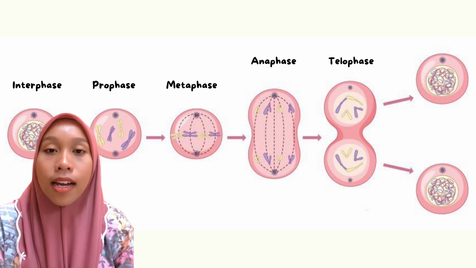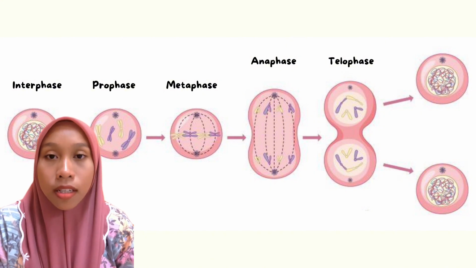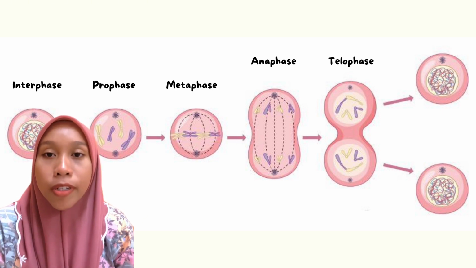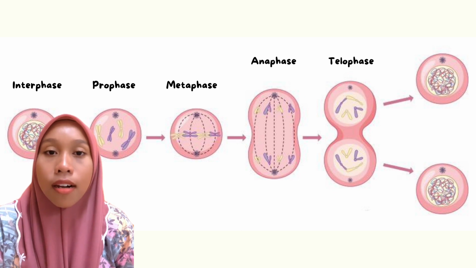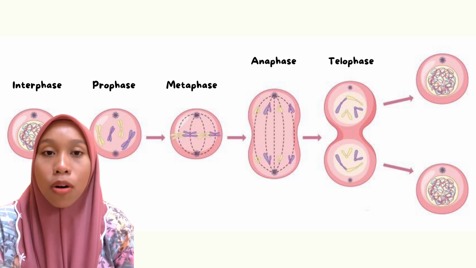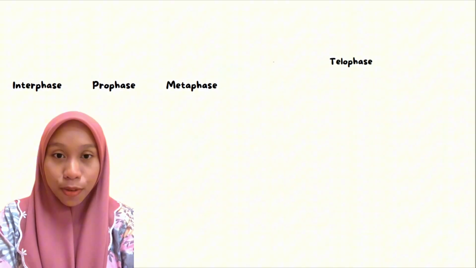Then, in anaphase, the chromosomes have almost reached their respective poles. In telophase, the nuclear membrane forms around the separated chromosomes. And the last one, at mitosis completion, there are two cells with the same structure and number of chromosomes as the parent cell. So, let's look at this video for more understanding.